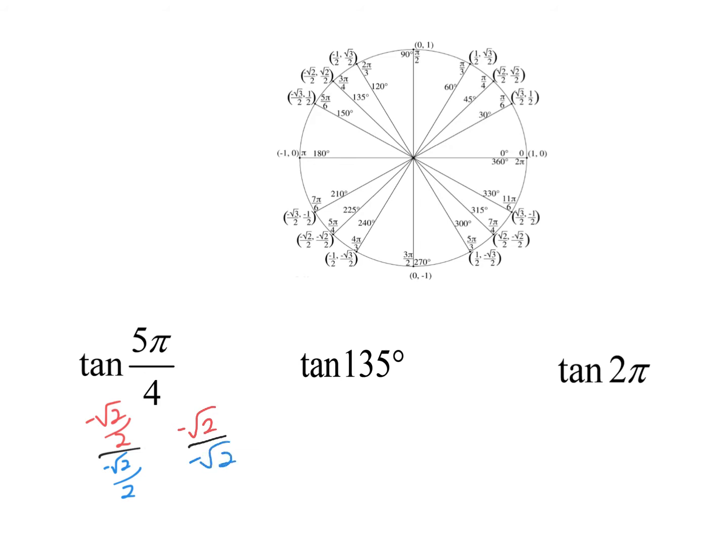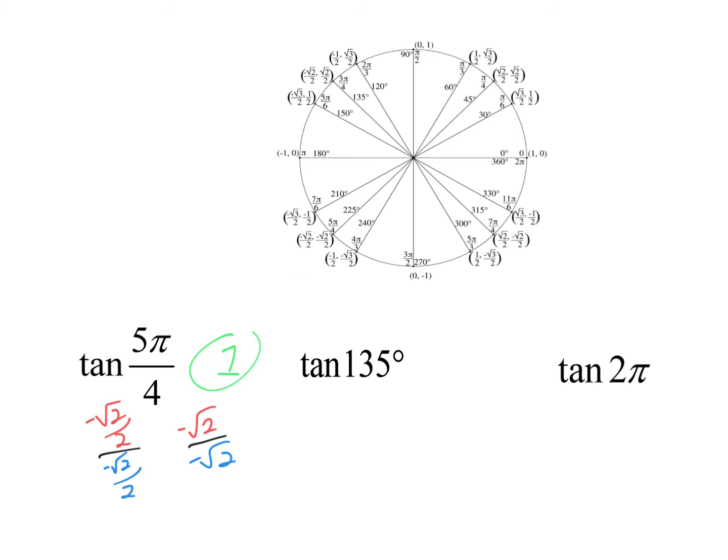Well, that's just the same value being divided by itself, right? So anytime that happens, we get 1. Little life hack: any tangent on a 45-degree reference angle, so anything that has a denominator of 4, will always have the value of 1 or negative 1.